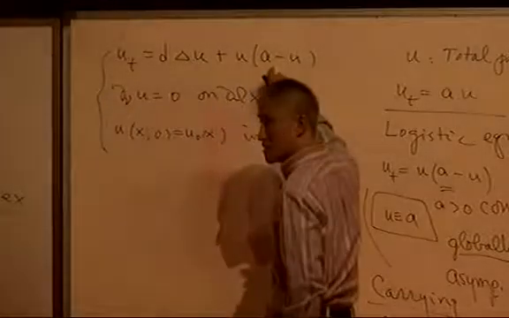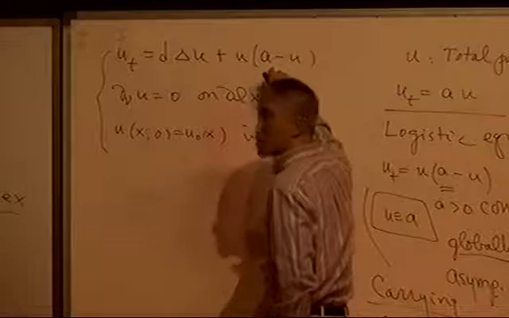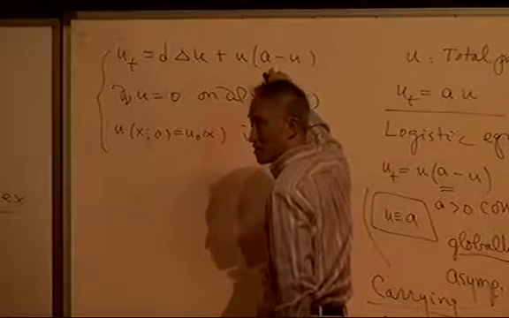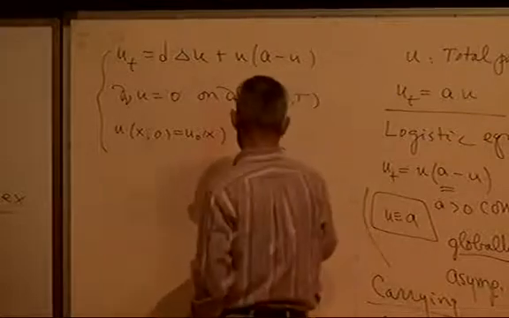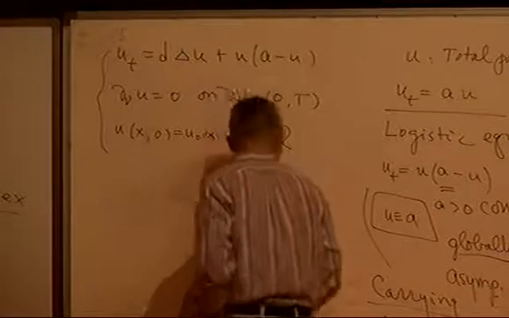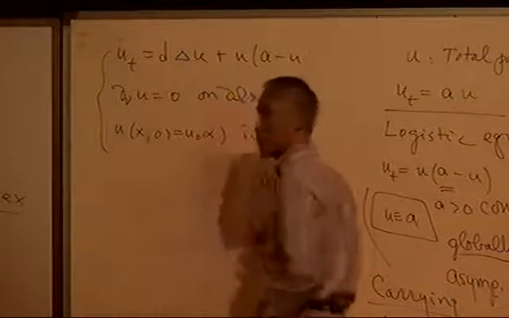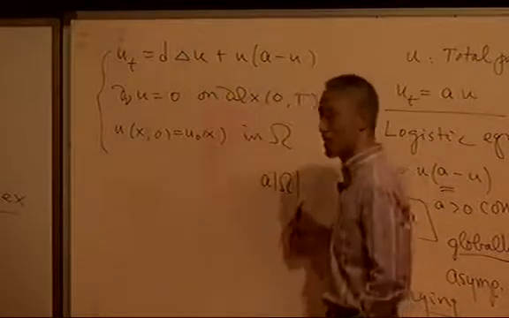A is a constant. A is still the carrying capacity. The carrying capacity now is A times the measure of omega. Right. So this is the carrying capacity.